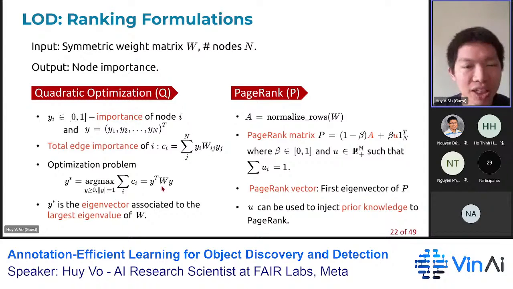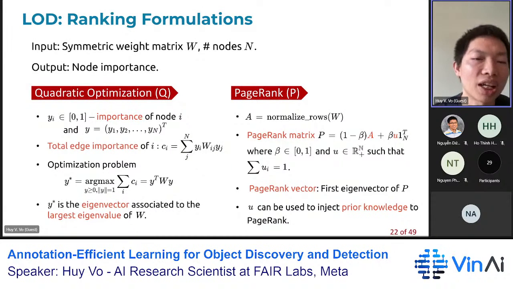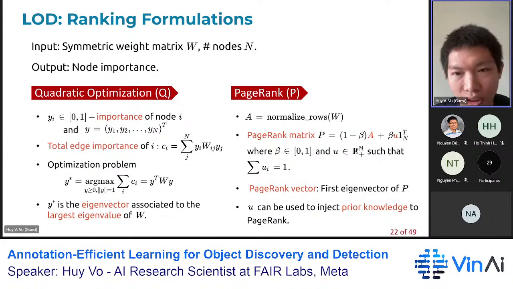So the importance of edge ij is yi wij yj, and we propose to maximize the total edge importance in the graph. Intuitively, this will encourage giving higher importance to well-connected nodes in the graph. And the solution to this problem is actually the eigenvector associated to the largest eigenvalue of the matrix W.